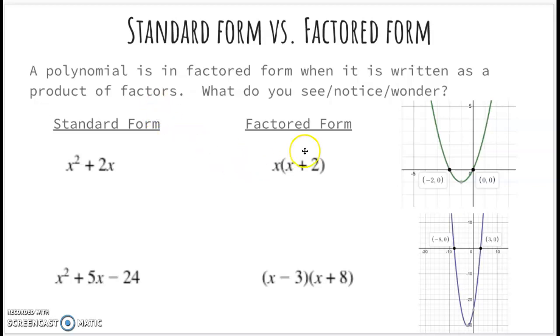Here we have factor pairs of our polynomials, where you just have two things being multiplied together to make that standard form polynomial. Same thing down here. The polynomial in standard form is when it's all multiplied out. Factored form is the two pieces that multiply to make it.